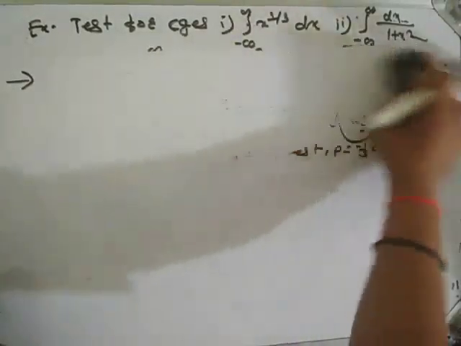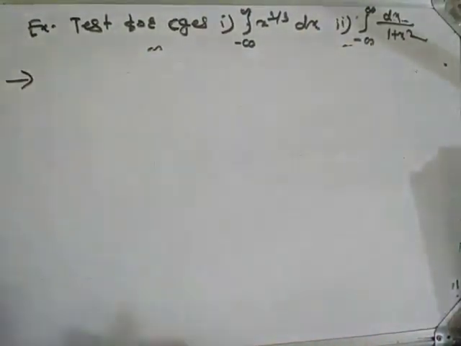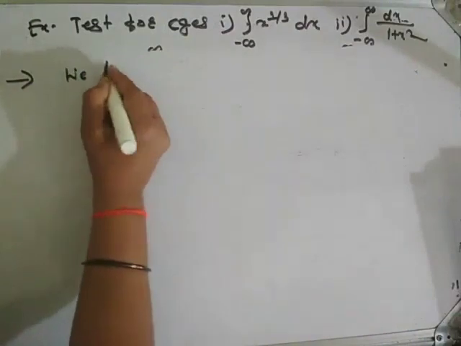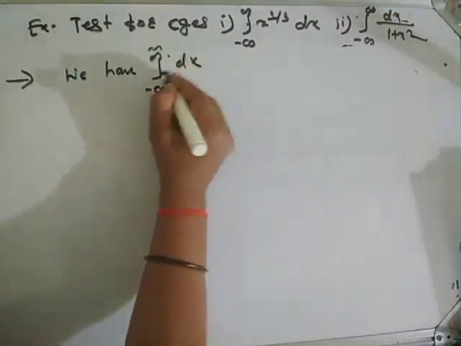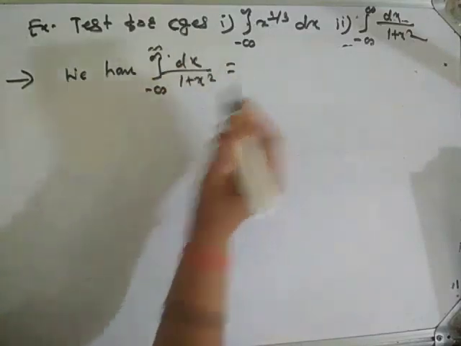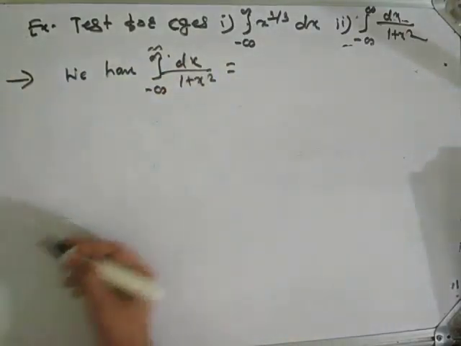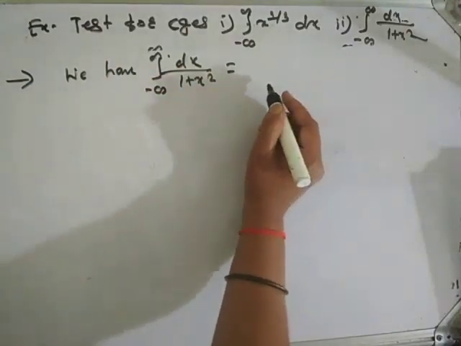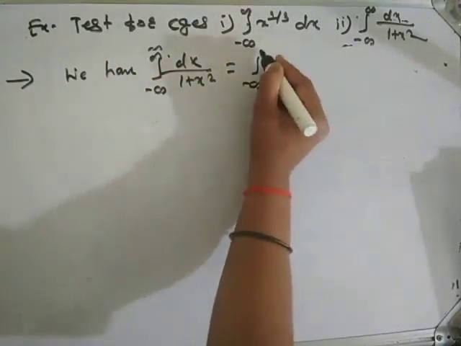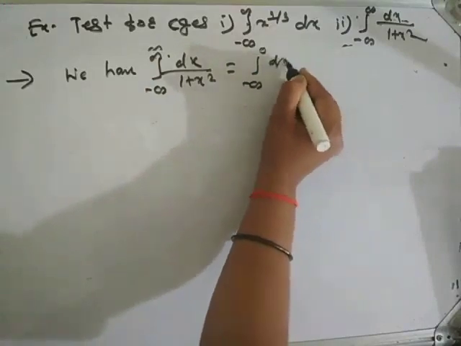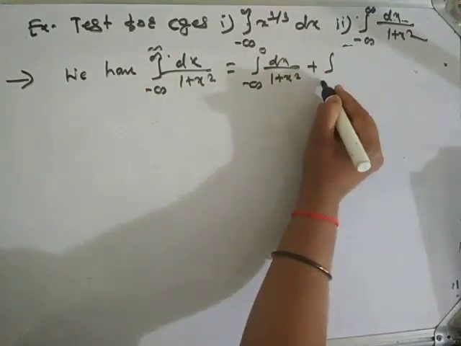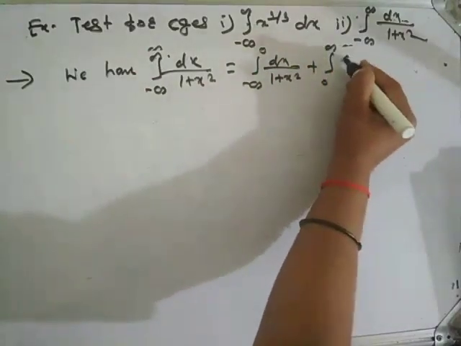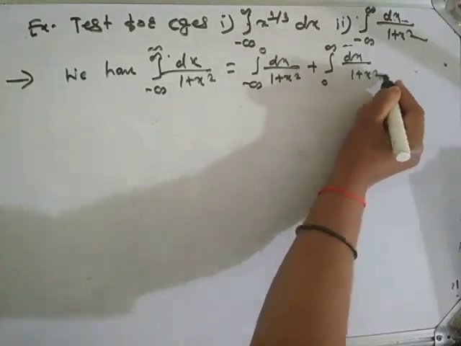Now solve the second. We have integration from minus infinity to infinity of dx upon 1 plus x square. This can be written as integration from minus infinity to 0 of dx upon 1 plus x square plus integration from 0 to infinity of dx upon 1 plus x square.